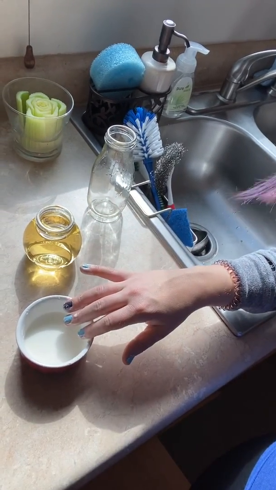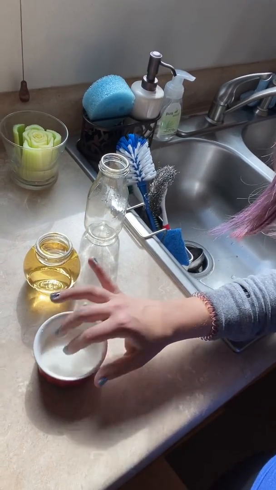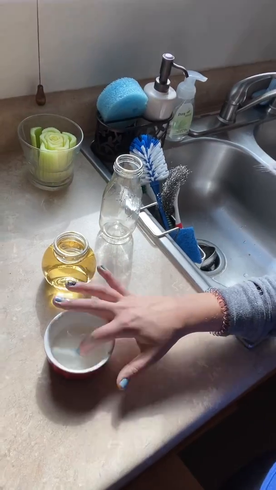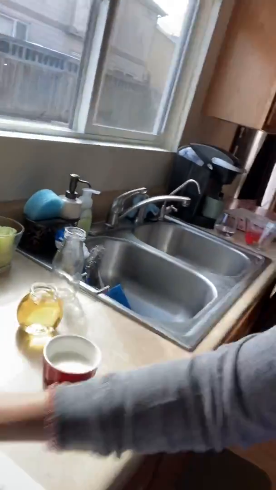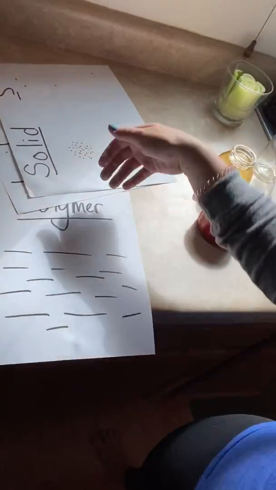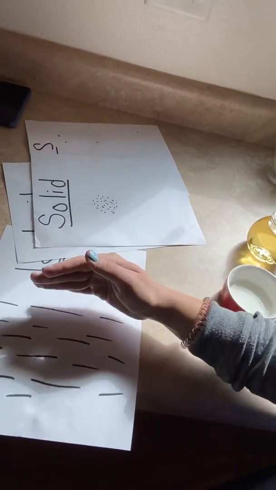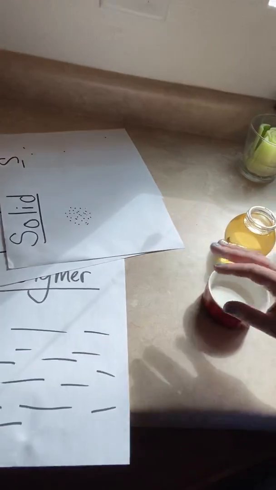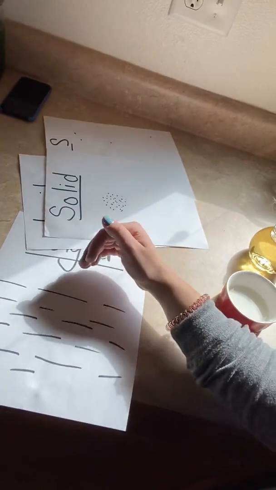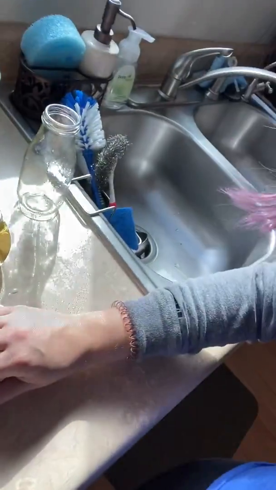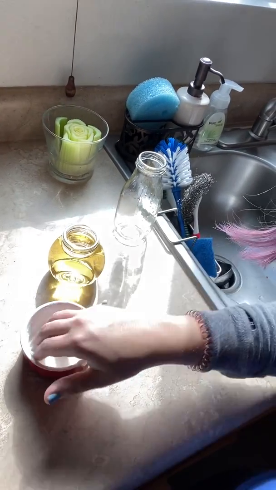But if I were to come at this pretty quick and tap on it, I can't actually get through it. It's acting like a solid. Because with these flat polymer molecules, when I push really fast, they stay really stiff against each other and they don't allow me to push through. But when I move slowly, each of these moves out of the way just a little bit to let it act just like water or a liquid.